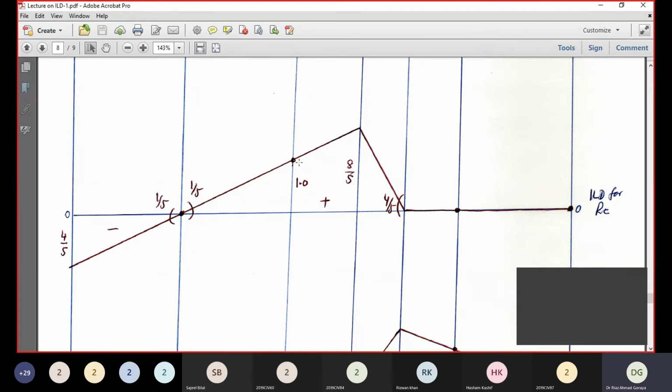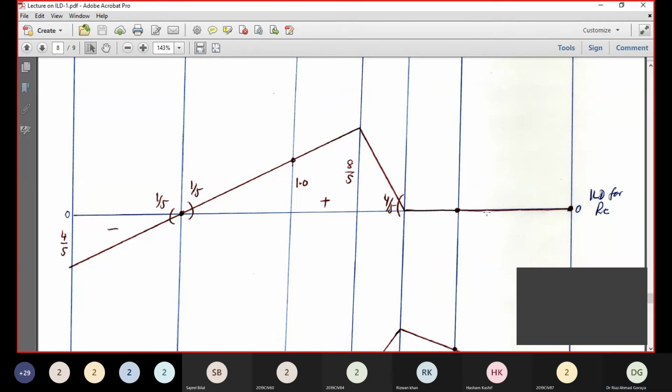Now this line will go straight back up to this point A and straight up to point D. This is a straight line with the slope 1 by 5 and 1 by 5. The ordinate at C is 1. The ordinate at point D is 8 by 5 because this horizontal distance is 8 meter.